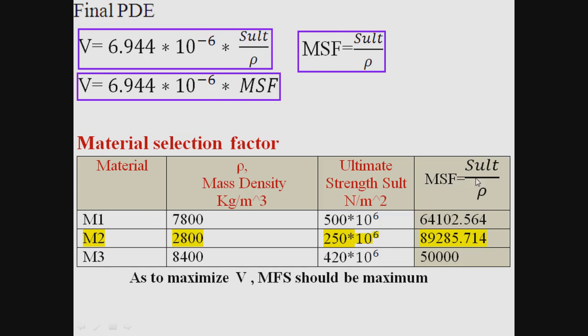These are the materials given in the problem. Calculate this MSF value for all three materials and identify which one has the maximum value. MSF is maximum for material number 2, so select the second material for the design of the pressure vessel.